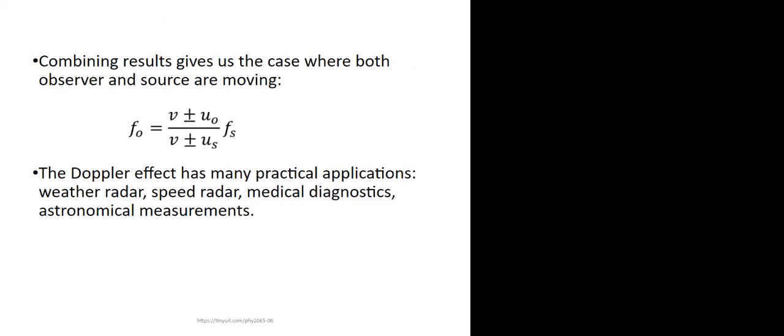For example, if just the receiver is moving, then you only have u0, and you wouldn't have us, because the source would have a speed of 0. That can be included in this equation as well.